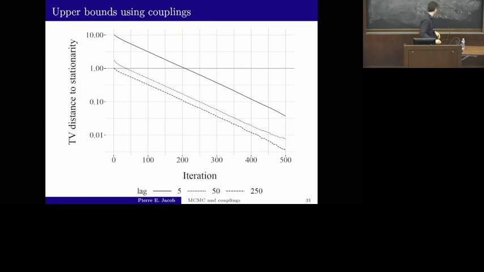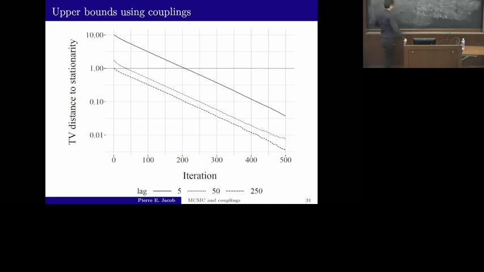Okay, yeah, sure. If you look at the TV distance between those two distributions, this is the distribution after t steps of a chain that starts exactly at little x, and this is the distribution after t steps of a chain started at little y at time 0.